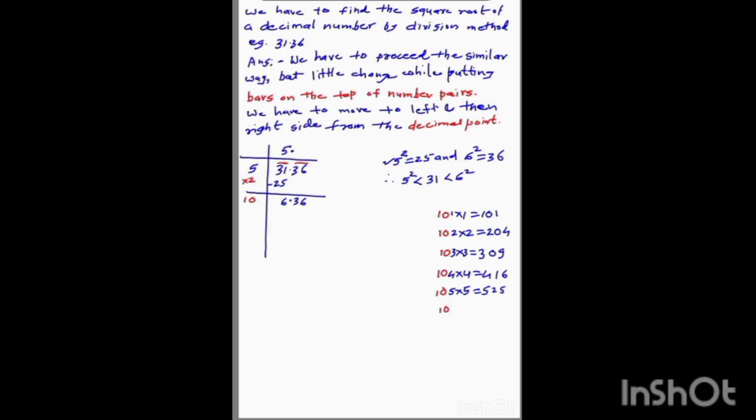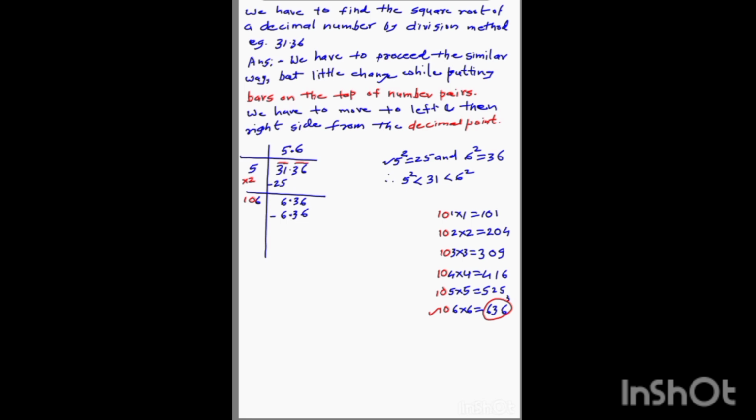106 into 6, why are we doing it? We have to reach the number 6.36, or 636 in this case. 6 into 6 is 636, that is your number. See the marking in red. So you have 6 there, the 106, and the point we have already written, so 5.6, that is 6.36.